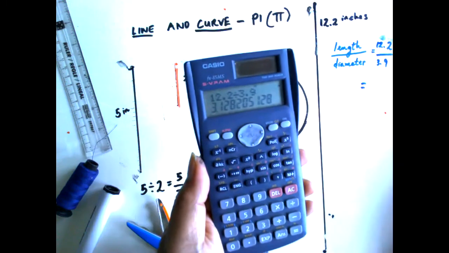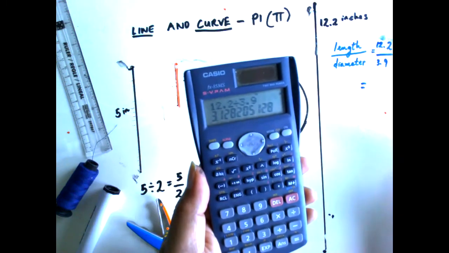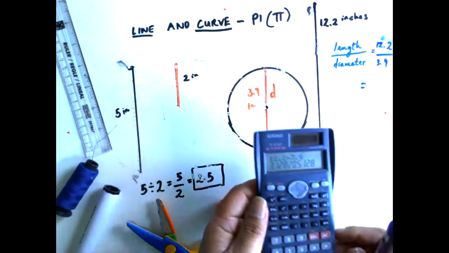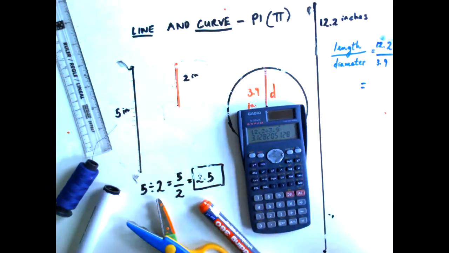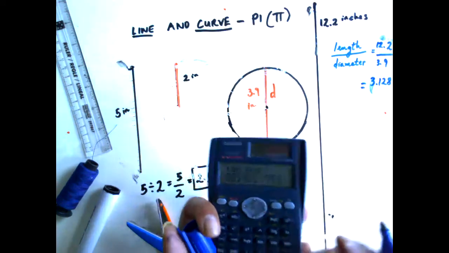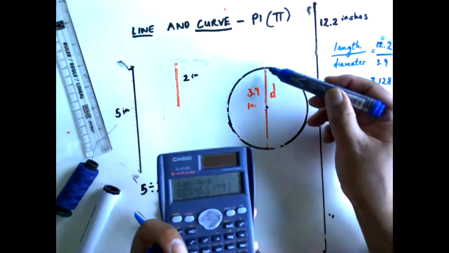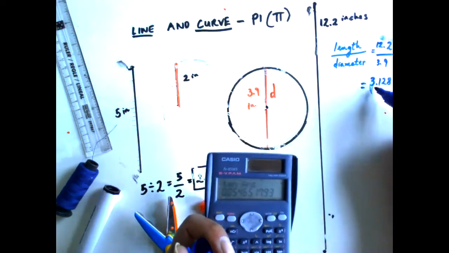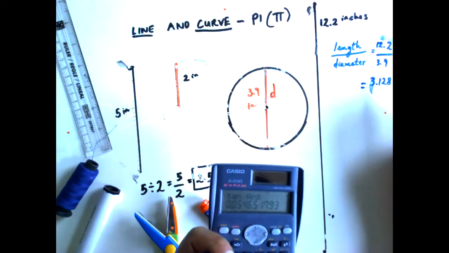Your answer is 3.128. Yeah, that's your answer. So the relationship of the diameter to the length of the circle is 3.128.